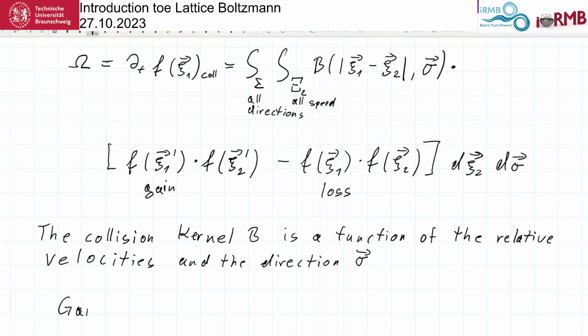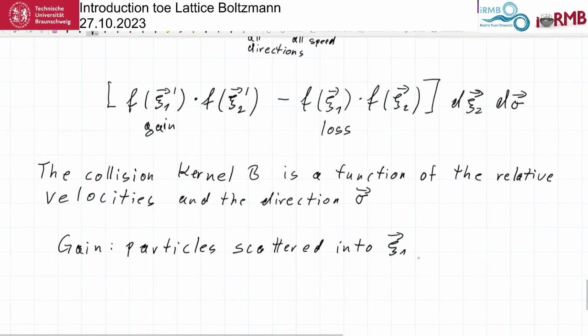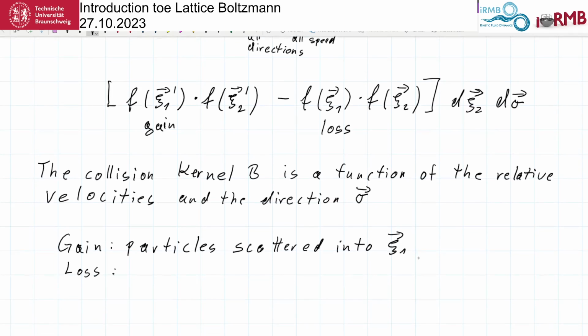So then gain is particles moving into, or we say scattered, yeah, because by collision they are moved into the velocity state xi1, and loss is particles scattered out of the state xi1.